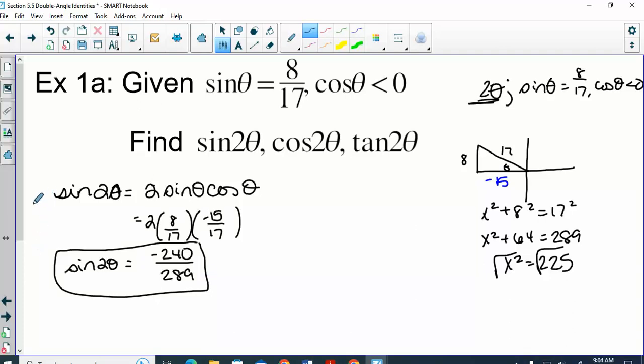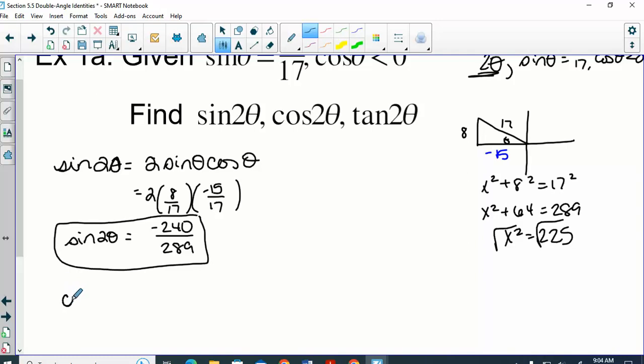All right, cosine 2 theta. You have 3 different formulas. You could pick any of those 3 formulas to use. We've already found both sine and cosine, so we have the information for all of them. The original problem, you were given the value of sine, so if you wanted to pick that formula, you could. It doesn't matter at all.